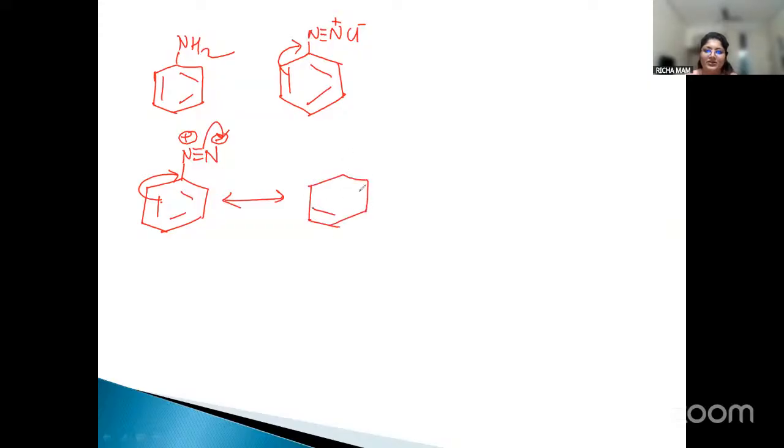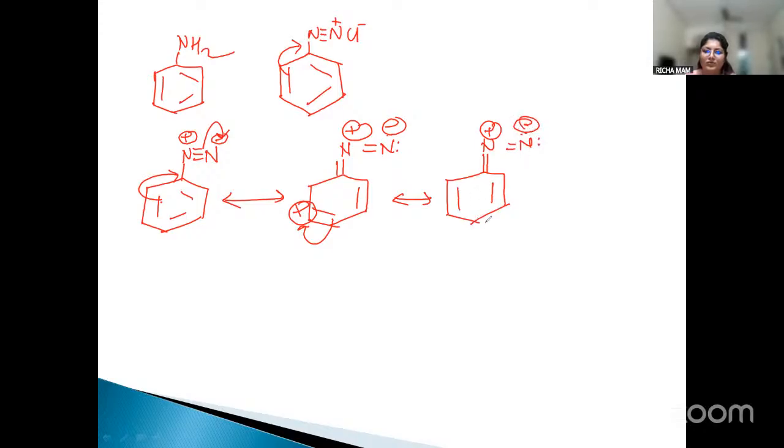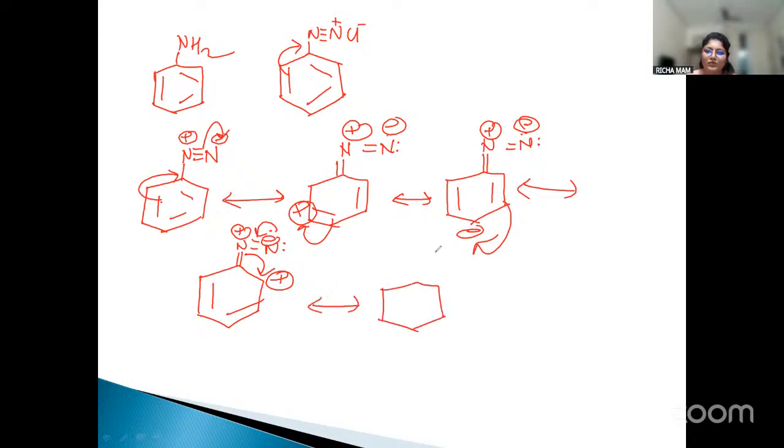The electron charge will delocalize. So these are the resonating structures of the arene diazonium salt.